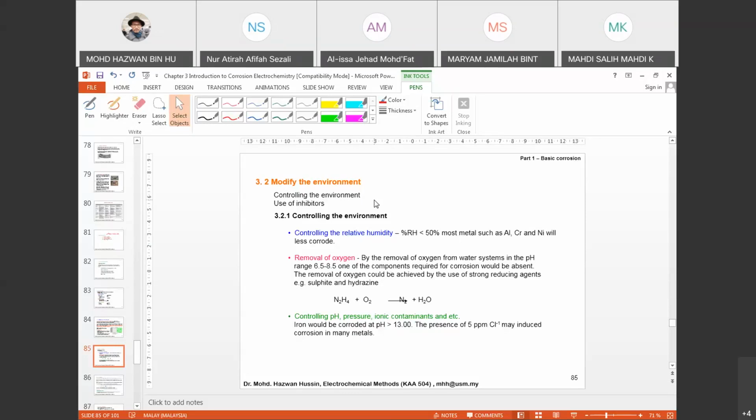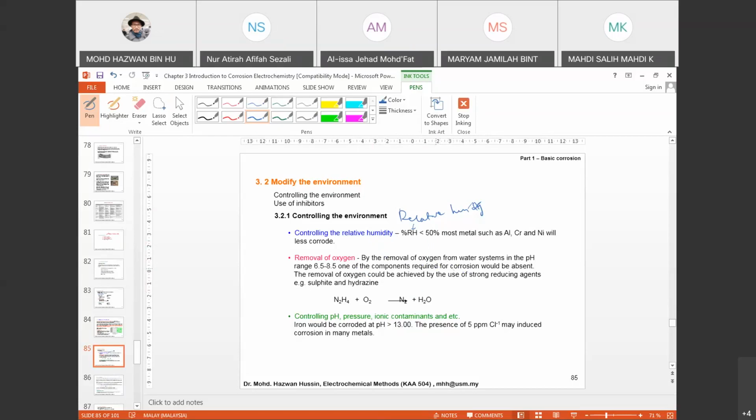If it is less than 50%, then materials that can easily corrode are less likely to corrode.